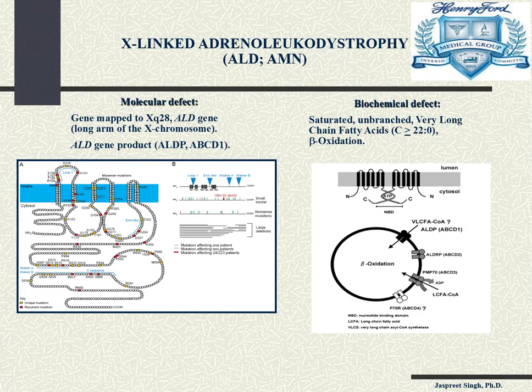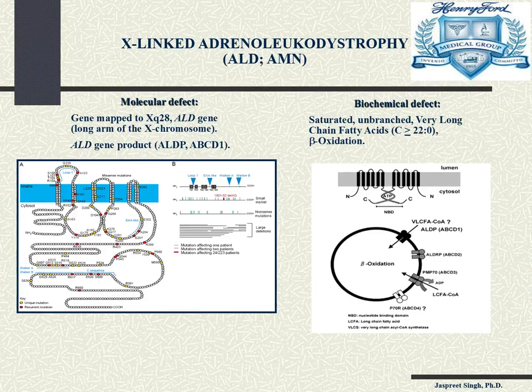This function is exclusive to the peroxisomes. So these very long chain fatty acids cannot be beta oxidized or degraded in any other organelle in the cell. As a result of this mutation or deletion, you basically have non-functional ALDP, or in 75% of cases, absence of ALDP in the peroxisomal membrane.